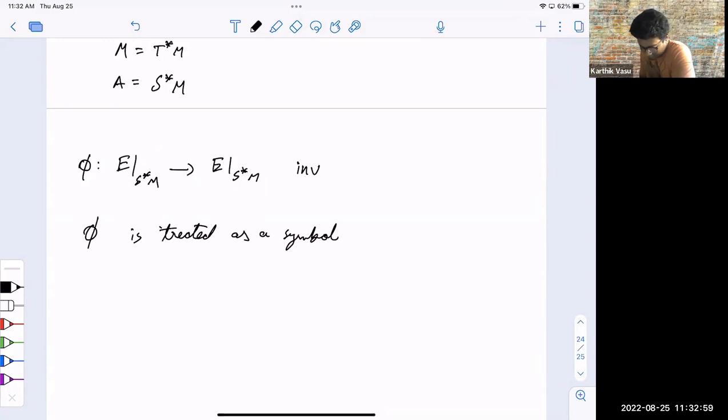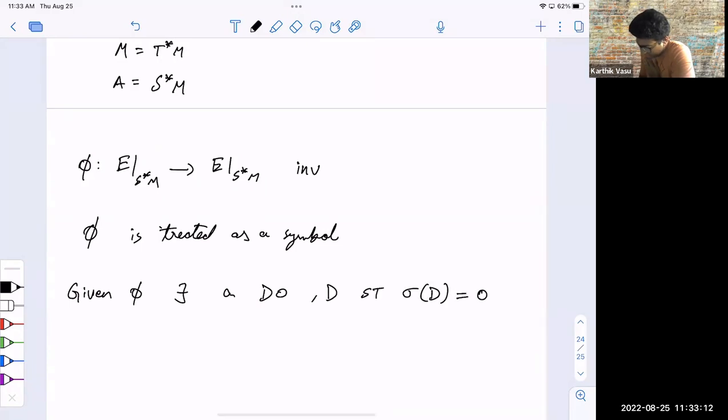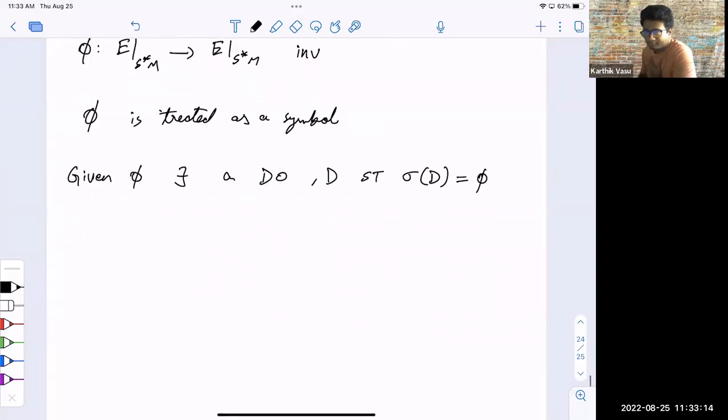So what I want to say is, given phi, there exists a differential operator D such that the symbol of this is phi. Okay, so that is what gives the analytic index.